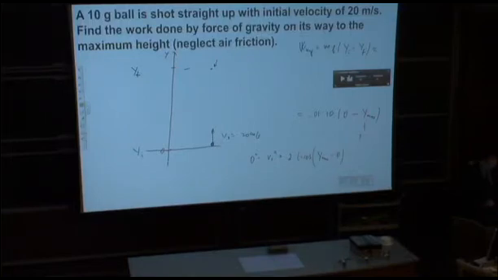And the initial speed is 20, so 20 squared divided by 20 equals y max, 20. So the work in this situation done by gravity will be negative 2 joules.